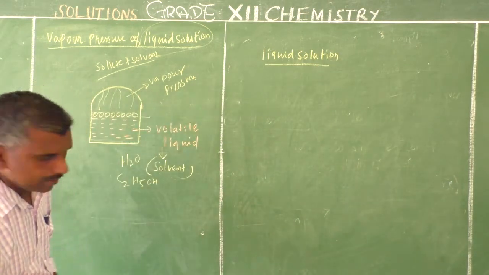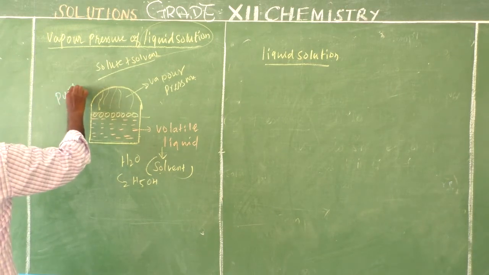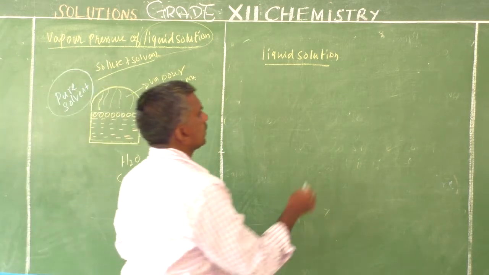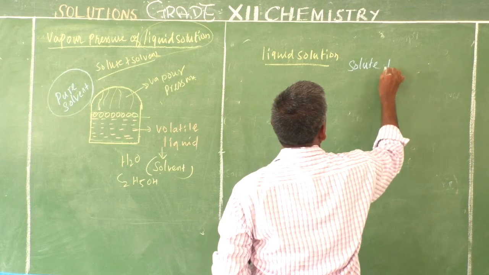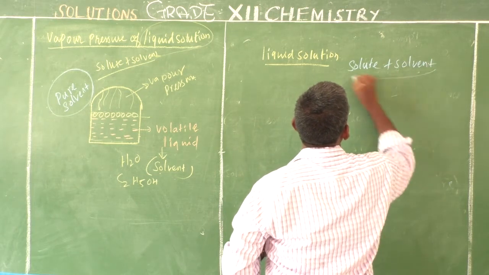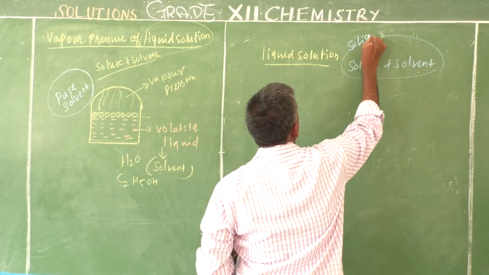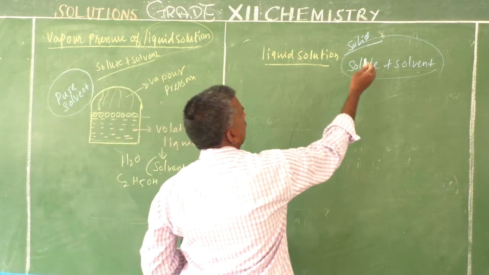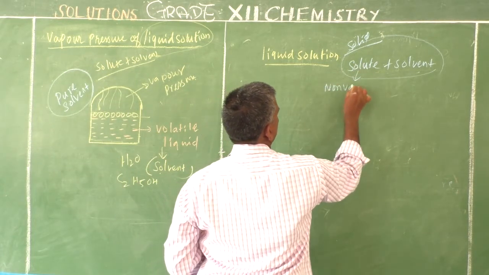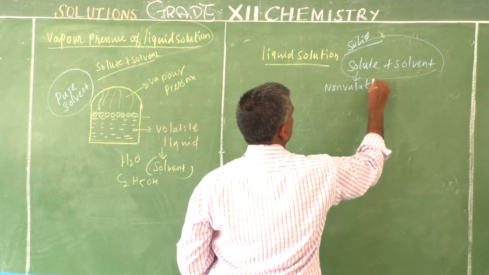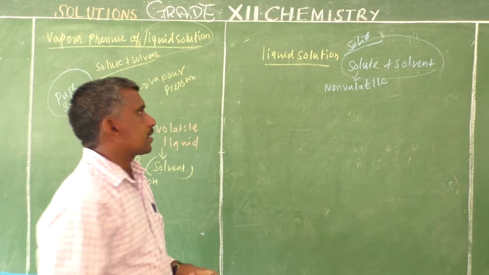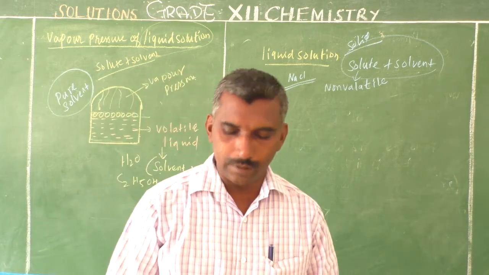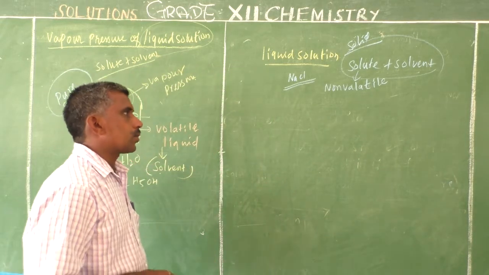This is a solute plus a pure solvent, where the solute is a solid, particularly a non-volatile solute, like sodium chloride. It is not evaporated. Volatile means evaporation takes place; non-volatile means no evaporation.